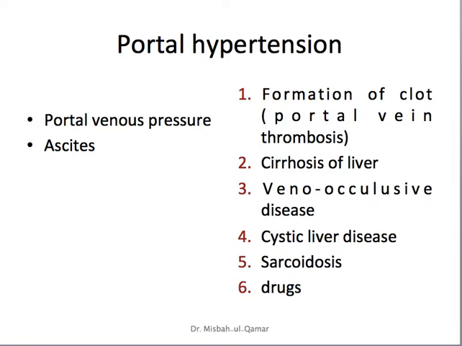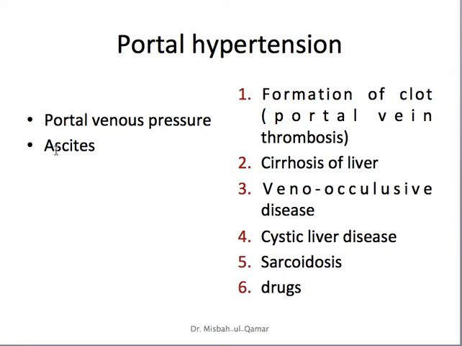There is a loss of fluid from capillaries into the wall and the lumen of the intestines. Causes of portal hypertension are listed here, which include portal vein thrombosis, liver cirrhosis, some veno-occlusive diseases, and some other causes.